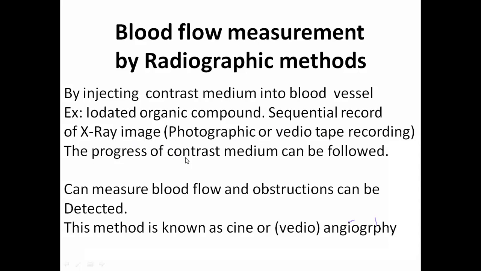With this we can identify if there are any obstructions in the arteries or veins, and also measure the blood flow. This method is known as angiography, cine angiography or video angiography.